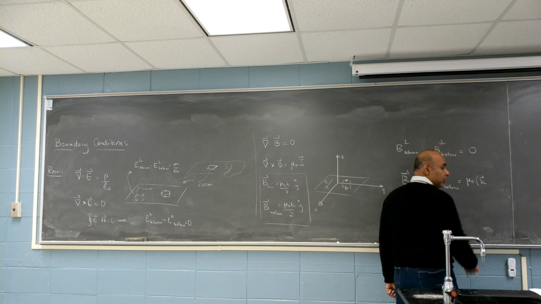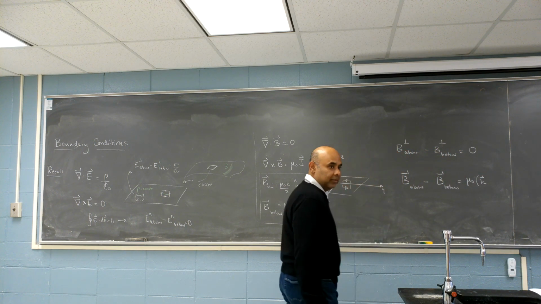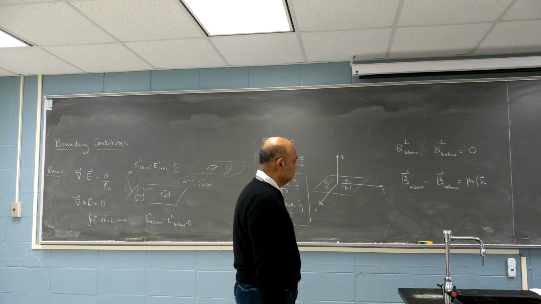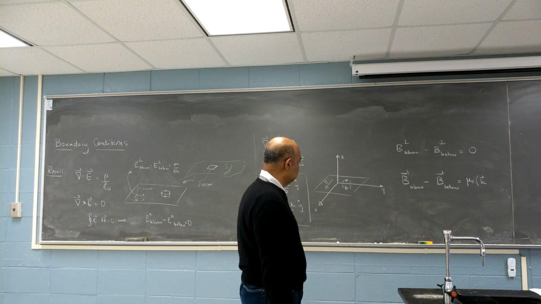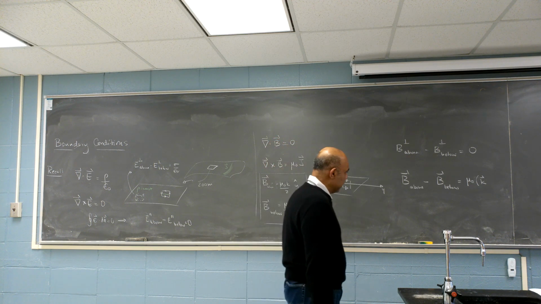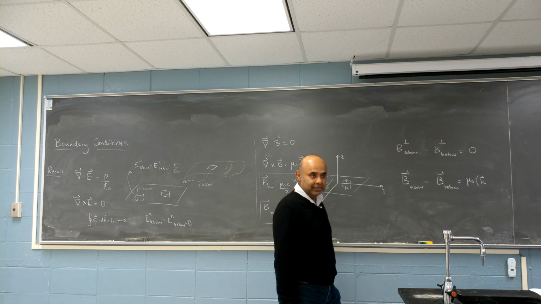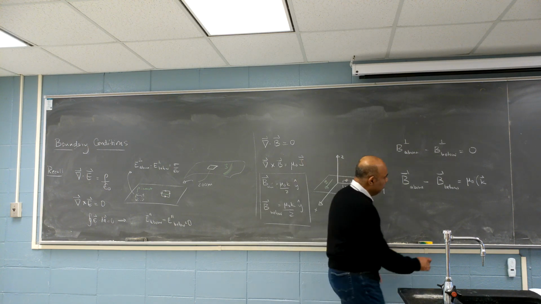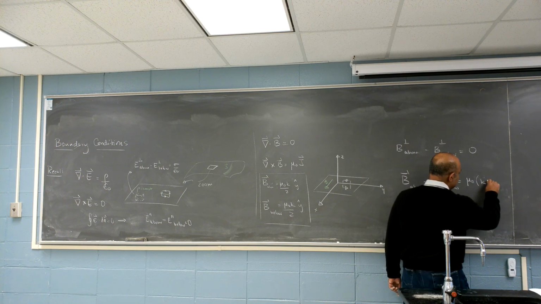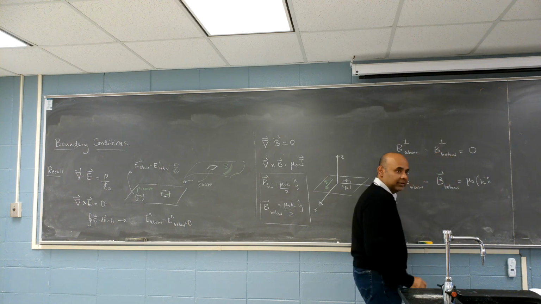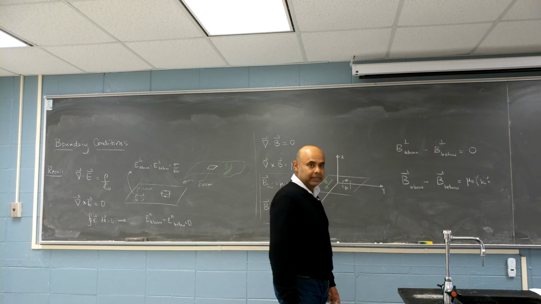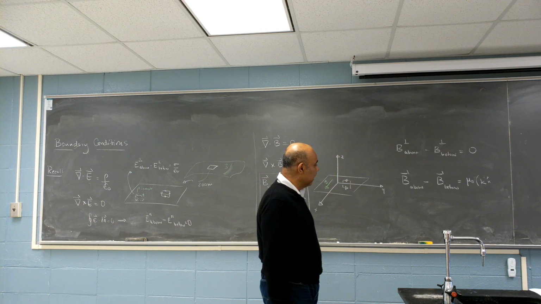I know it's perpendicular to K. I want to get the y-axis. Maybe I can even write this as K x hat, right? How do I get the y-axis out of this?